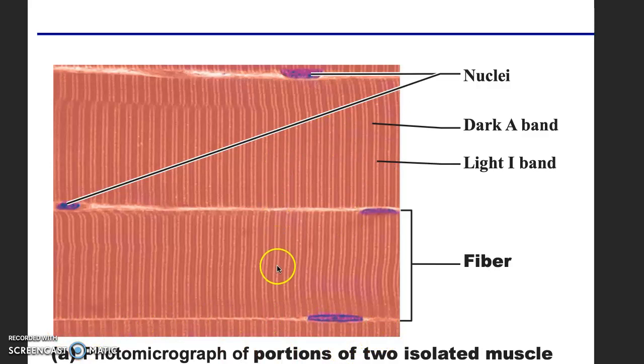As you can see, there are two different lines going down this muscle, known as the dark A band and the light I bands. From what I know, the A bands stay the same length during contraction of the muscle, and the I bands shorten.